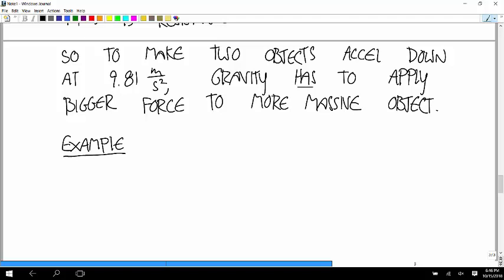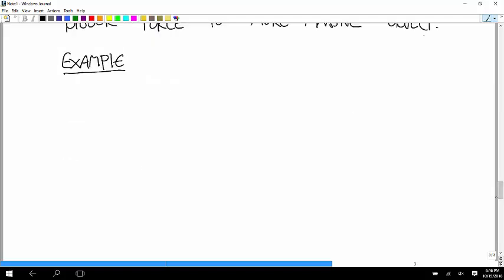Now here's an example problem. Let's say that there's a scale sitting on the floor and a man standing on the scale. And let's say the man has a mass of 100 kilograms.